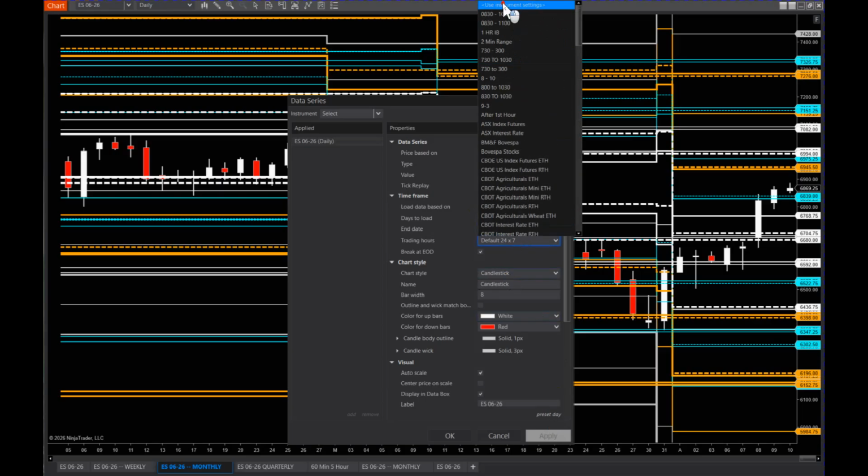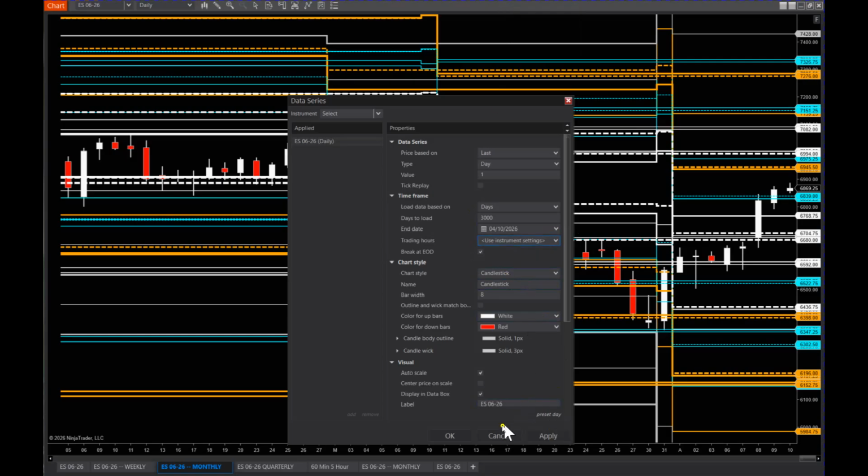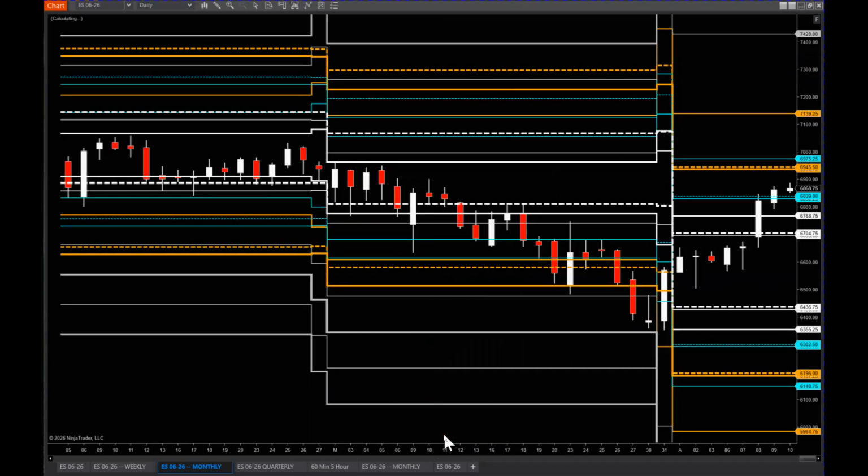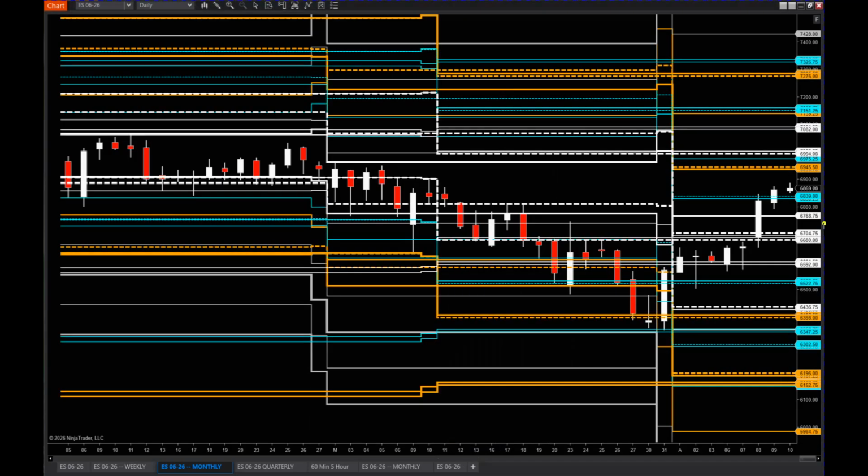So I'm going to put this back on. Use indicator settings, set it to that, and you can see my volatility did shift from that 31 days to the 30. I had it previously on a 31 day for that monthly level.